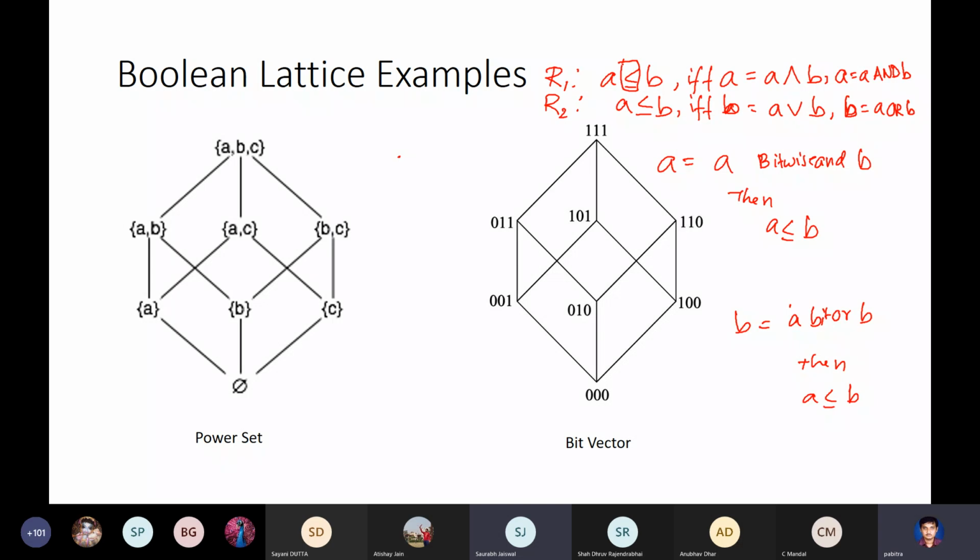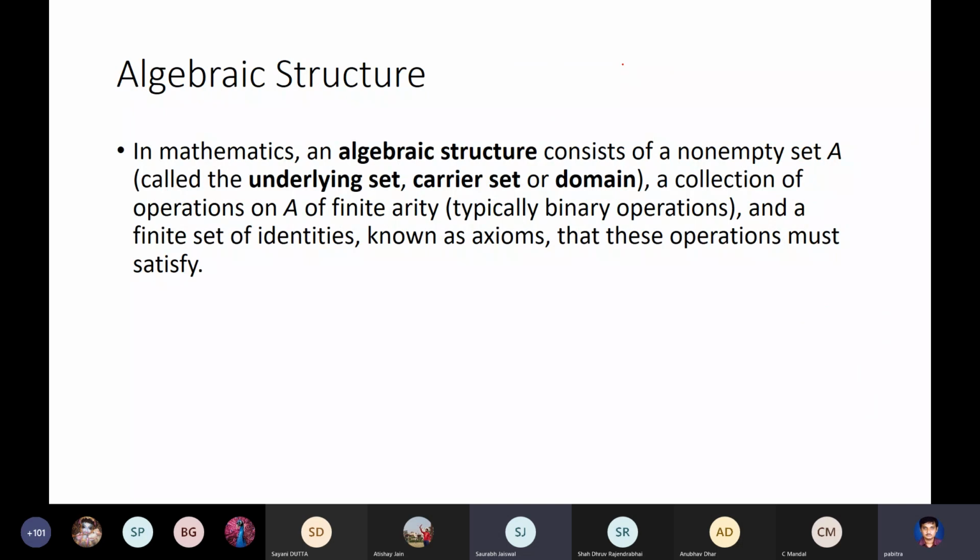Okay, so what we have done so far, we have defined partially ordered sets, then we have defined lattices, bounded lattices, complemented lattices, and distributive lattices, and then we have come up with this nice structure. There is another way you can define such a nice structure, and these are equivalent, and that's by way of something called an algebraic structure.